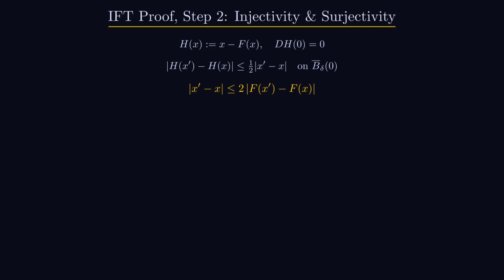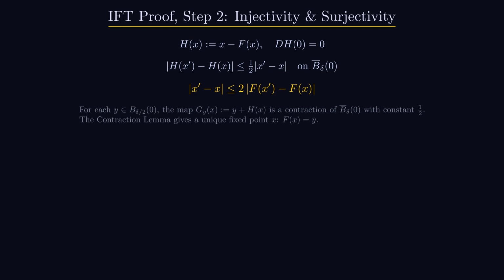For surjectivity onto the half-radius ball, fix any y in B delta over 2 of 0 and define g sub y of x to be y plus h of x. A fixed point of g sub y satisfies x equals y plus h of x, which rearranges to f of x equals y. For x in the closed delta ball, the norm of g sub y of x is at most the norm of y plus the norm of h of x.